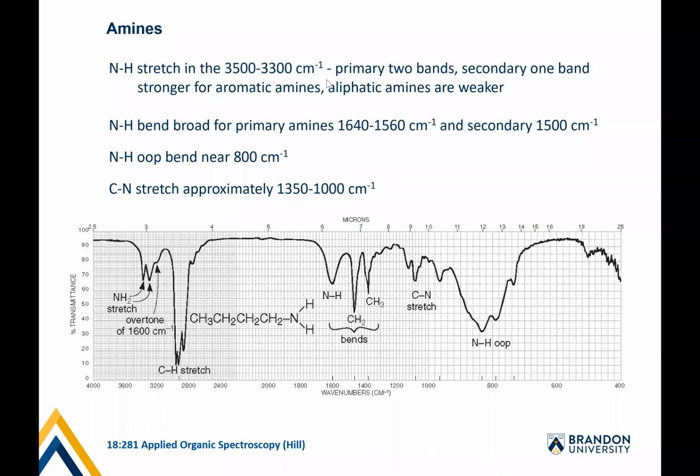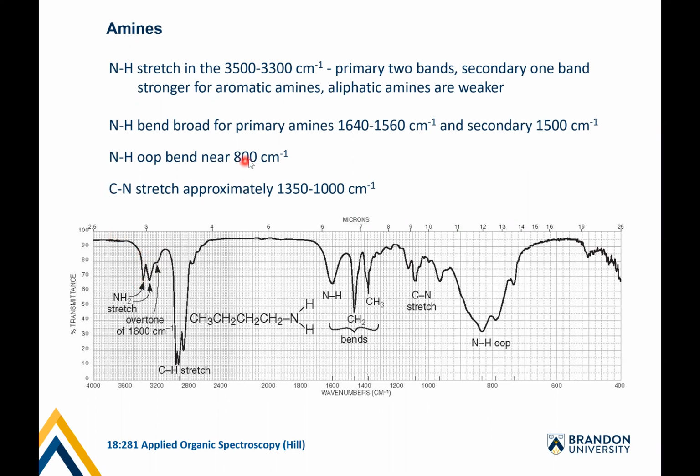So we've got a hint of what the amines would look like when we looked at the amide infrared spectrum. The key part for the amines is both primary and secondary amines have NH stretches down in the same region that you would see the OH stretches.